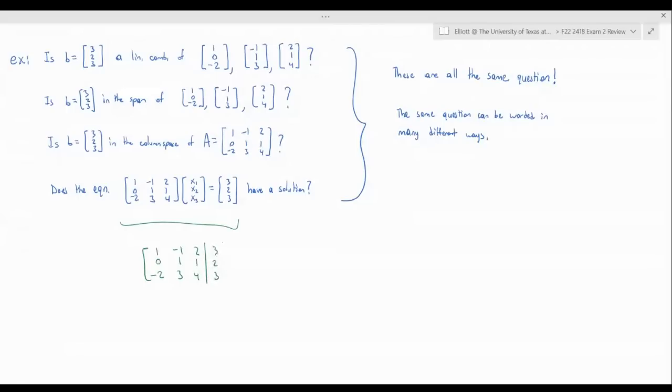So I'll just do that real quick. We'll start with row 3 plus 2 times row 1. It's going to be 0, 1, 8, and 9. And if we just do one more row operation, that will put it into upper triangular form.